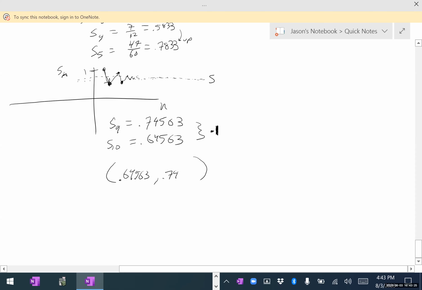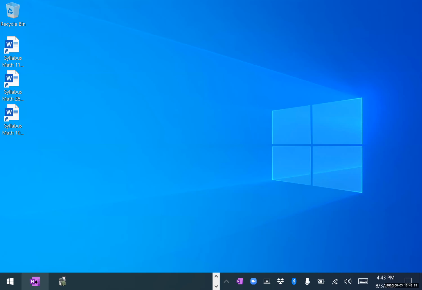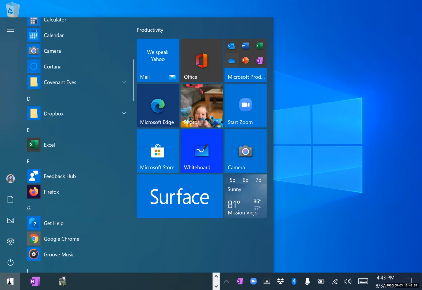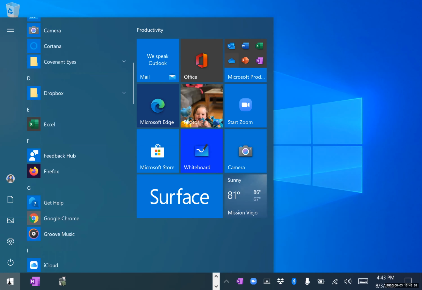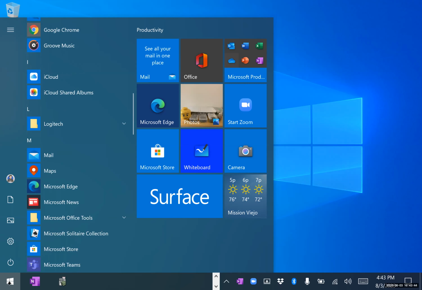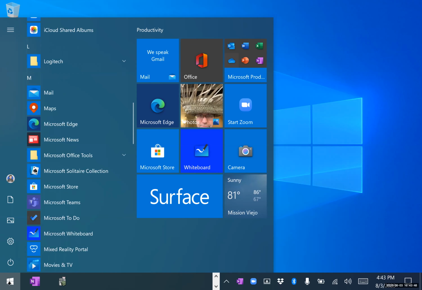Let's close out the application. Don't want you, I want the other guy. I might just say screw it and open up an Adobe document and write on that. I just need something to write on. I don't need to save what I write on.